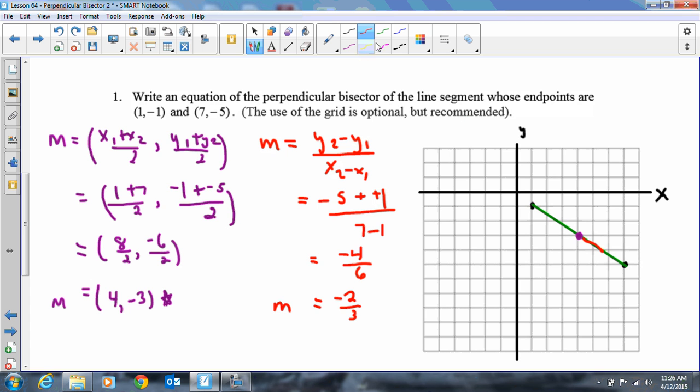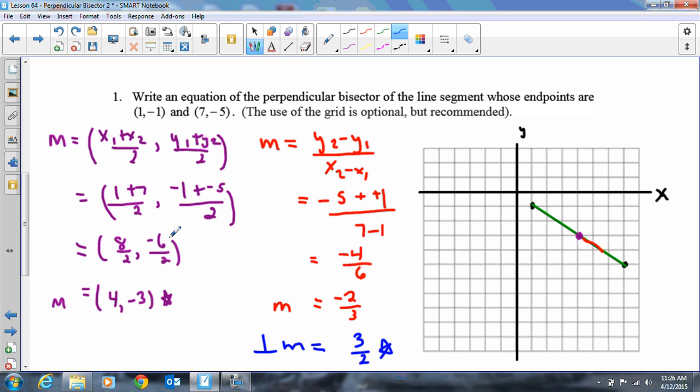We need to now immediately, if we don't do it now, we might forget, change to the perpendicular slope. And what you're going to do is take the opposite reciprocal. So the opposite of a negative is a positive, and the flipped version of this is 3 over 2. So this is the slope I'm going to want to use.